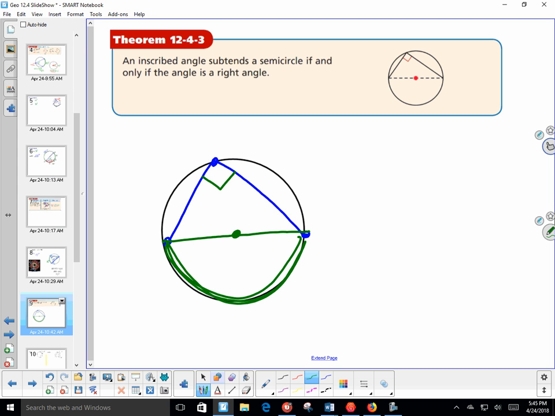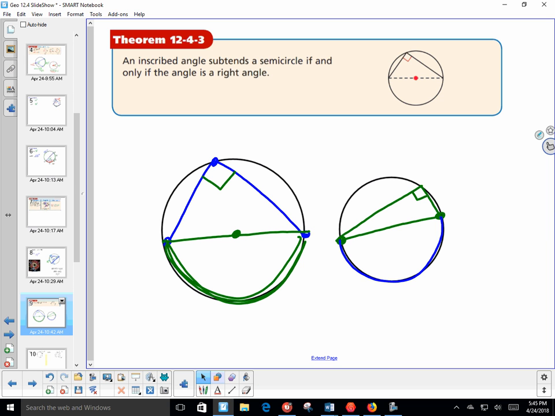All right? And it goes the other way also. So what I mean by the other way is because of the if and only if in this, let me draw another picture. If, for example, I know that I have a diameter, and that means I know I have a semicircle, then any inscribed angle I draw that subtends that semicircle, like for example, maybe this one right here, this angle here is going to have to be a right angle.